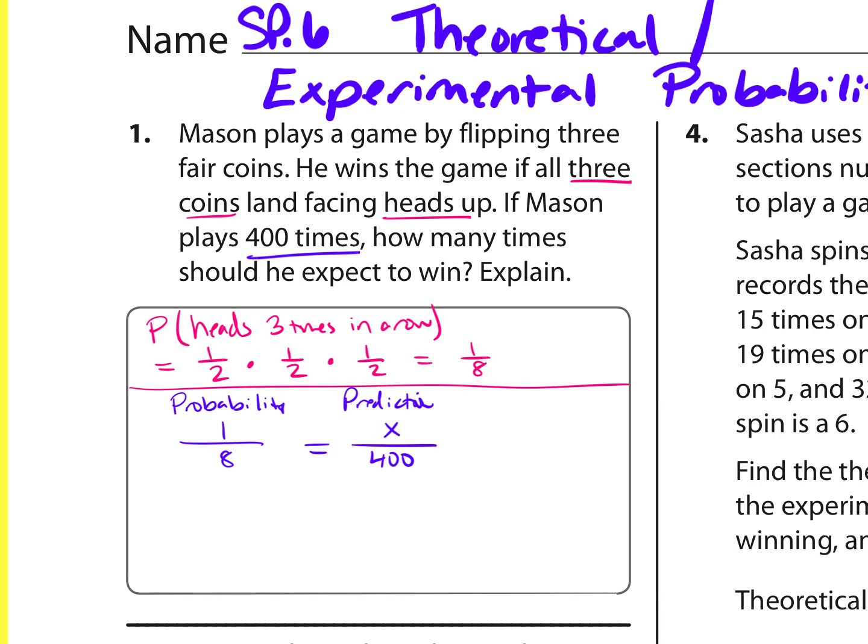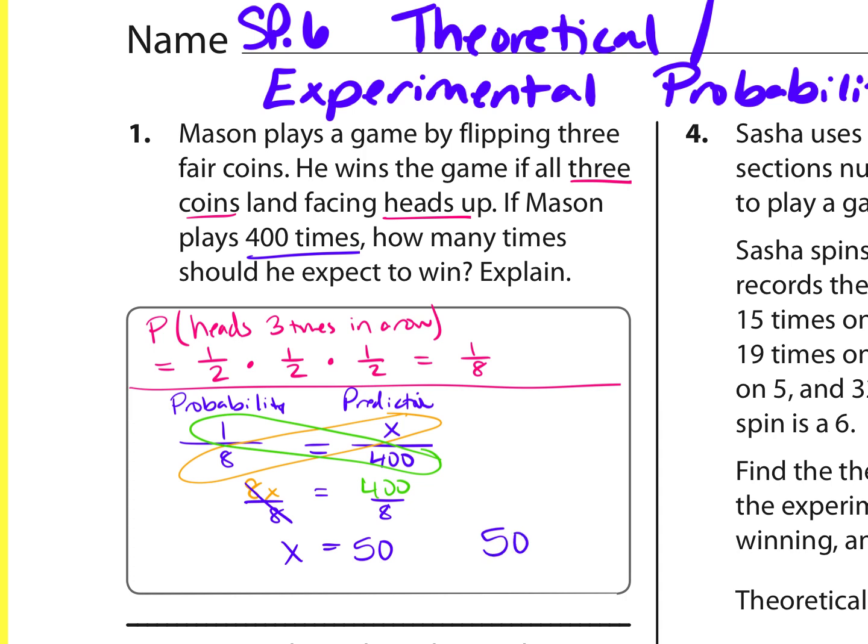So we'll cross multiply. 8 times x is 8x. 1 times 400 is 400. Divide both sides by 8 to get x by itself. And we find that x is 50. So you would expect him to get 3 heads in a row 50 times, or 50 flips out of 400.